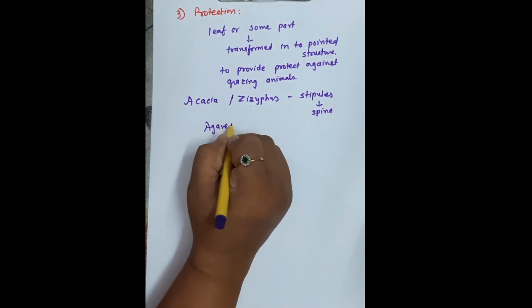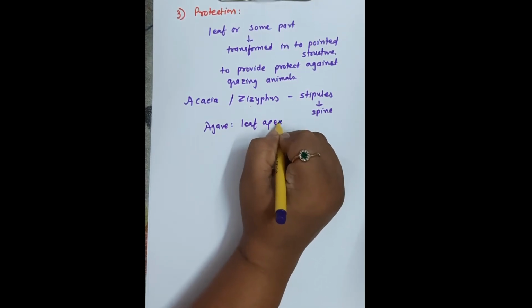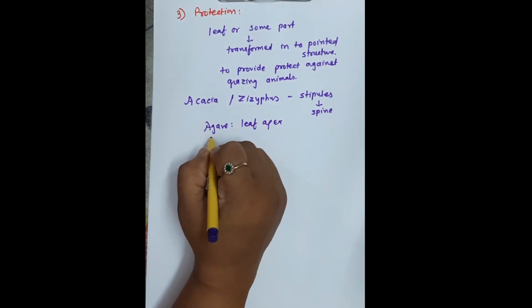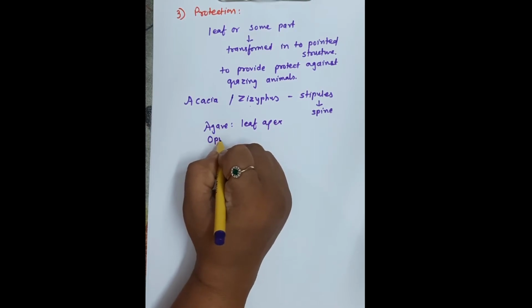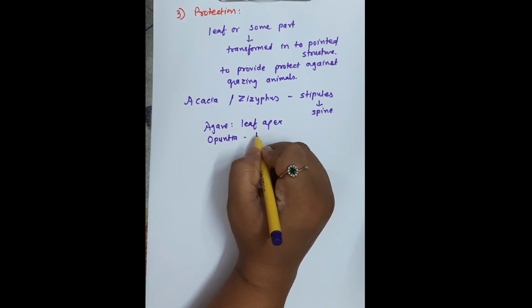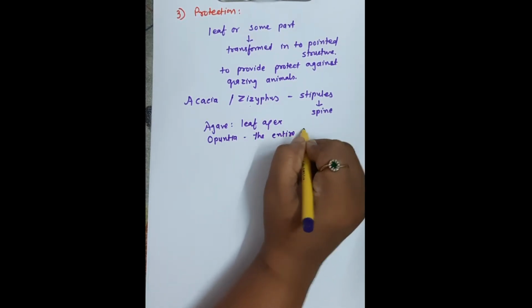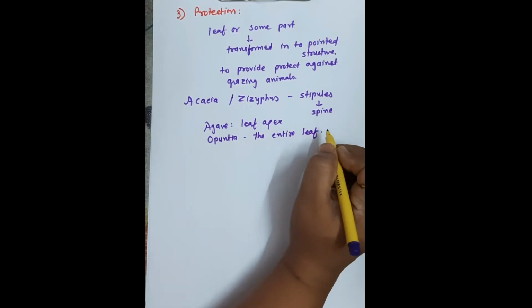In agave, the leaf apex becomes spiny, and in opuntia the entire leaf becomes spiny.